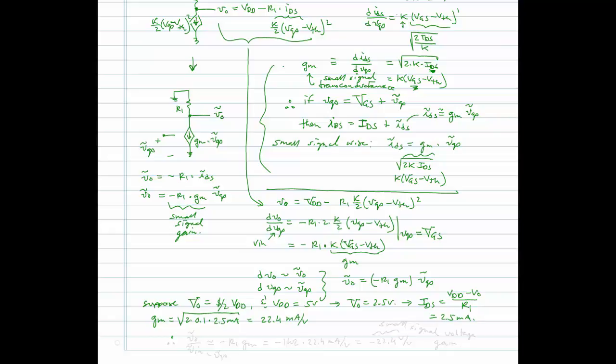So now we can say, therefore, little vo with respect to little vn, or little vgs, is equal to minus R1 gm, which is going to be minus 1 kiloohm times 22.4 milliamps per volt, which the millis and the kilos cancel out and end up with minus 22.4 volts per volt. All right, so this is our small signal voltage gain.